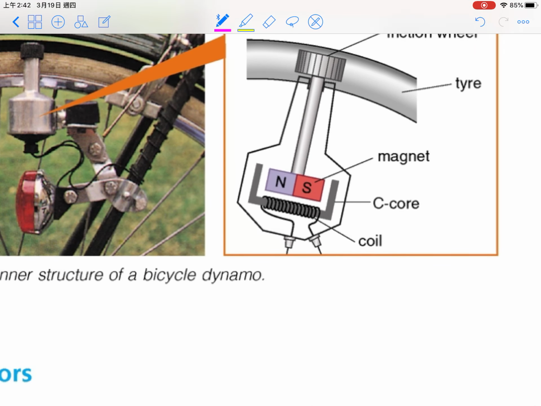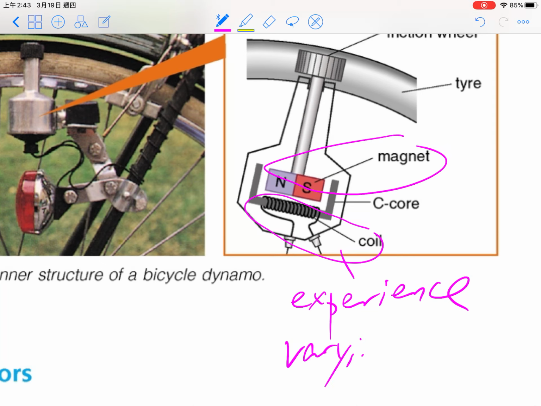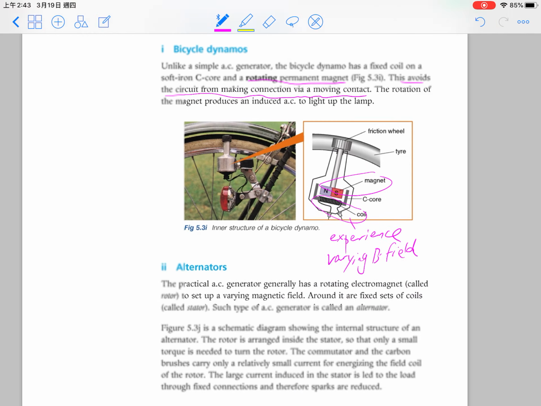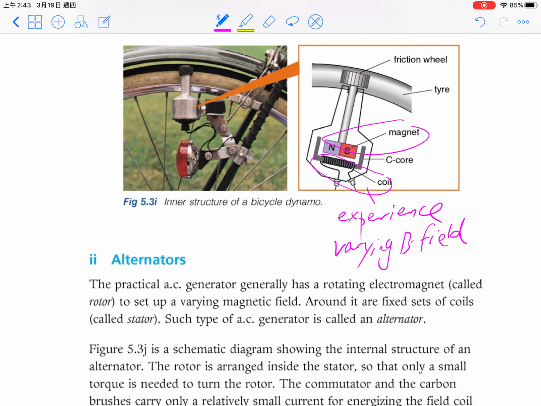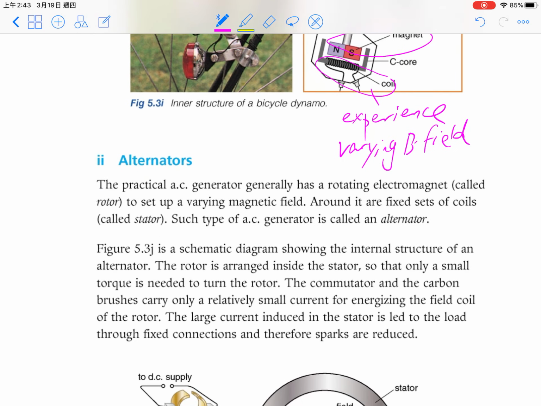Like here, the coil is fixed with a rotating permanent magnet. The coil experiences a varying, that means changing, magnetic field. Okay, so we can have induced EMF and induced current for a closed circuit.